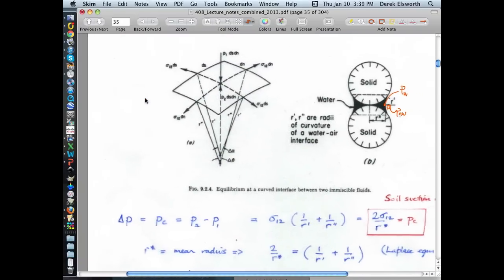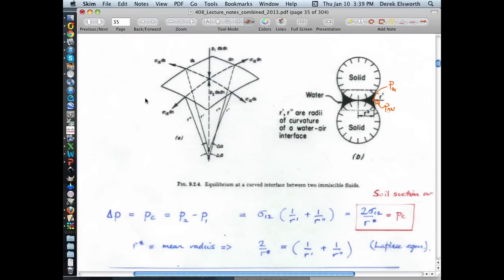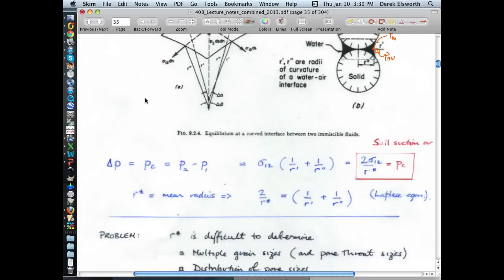And if you look at it for this arrangement, then you end up with a very similar equation, which is that basically the capillary pressure is equal to the interfacial tension. Instead of being equal to 2 times the interfacial tension over the radius of curvature, in this case it's the radius of curvature of 2 components.